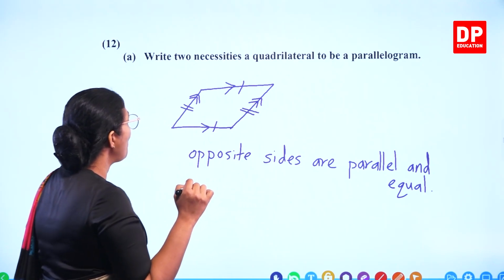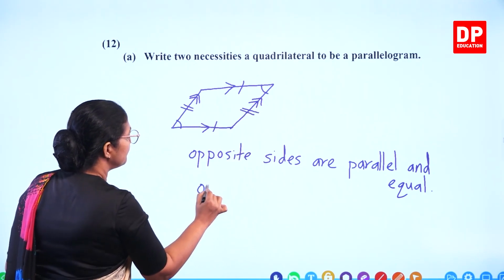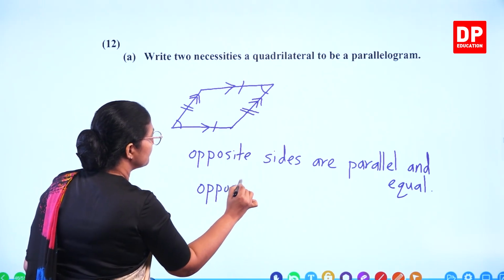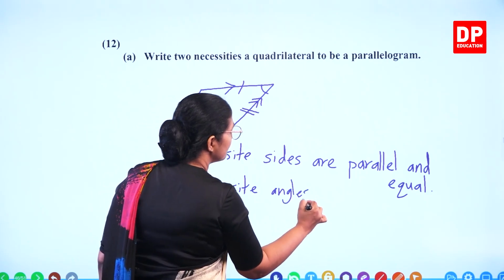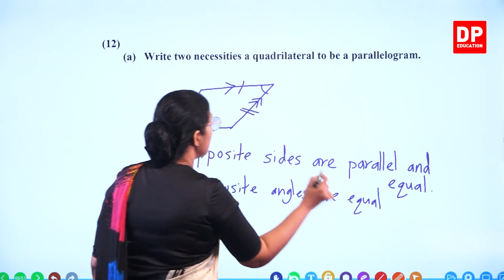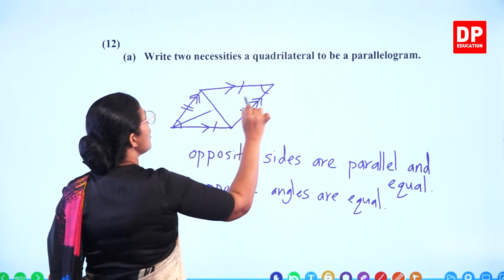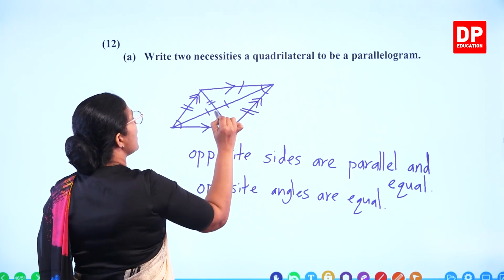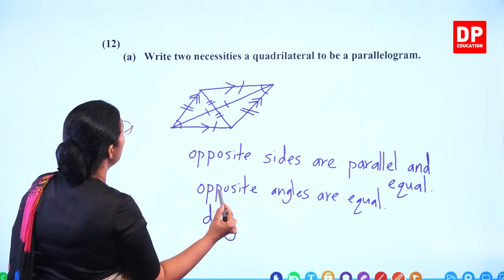And then what do you know about angles? Opposite angles are also equal. Or you can write down, what about the diagonals? Diagonals bisect each other. That one you can also write. So you need to write only 2.